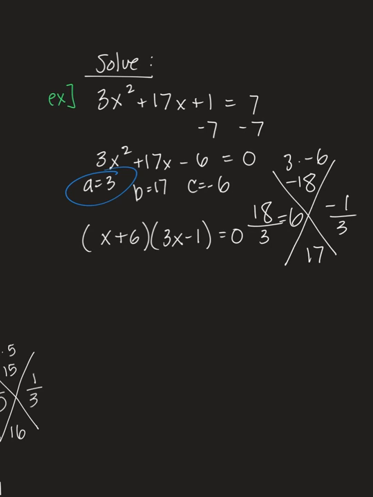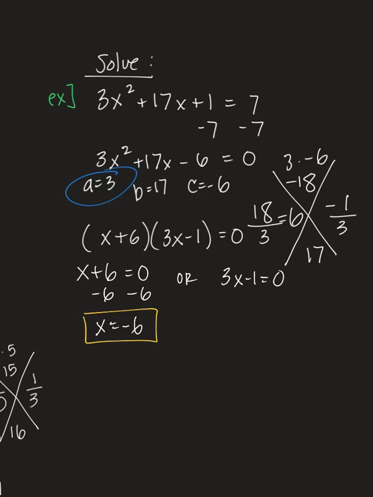Okay, so next step is we're going to set each of our factors equal to 0 and solve for x for each one. So on the left side, we're going to subtract 6, giving us x is equal to negative 6. And on the right side, we're going to add 1 and divide by 3. So our answer is x is equal to 1/3.